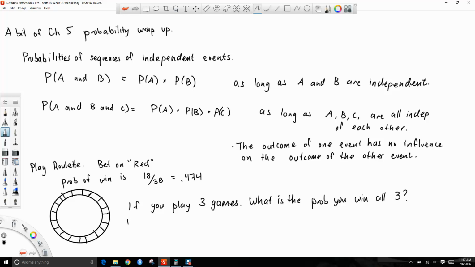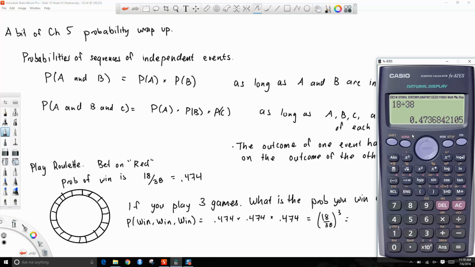This would be probability of win, followed by win, followed by win. And this is going to be 0.474 times 0.474 times 0.474, or also 18 out of 38 raised to the 3rd power.